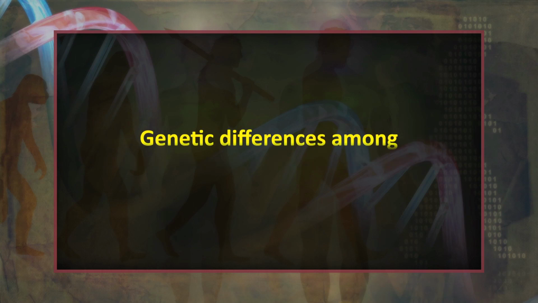Dear students, let's discuss the genetic differences among modern humans. Homo sapiens is thought to have emerged about 300,000 years ago. It dispersed throughout Africa and after 70,000 years ago throughout Eurasia and Oceania.